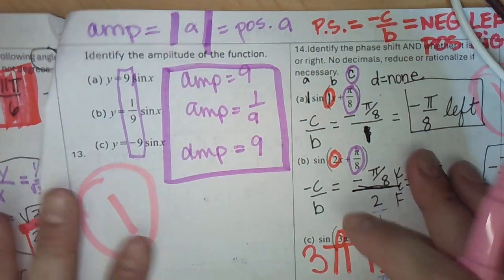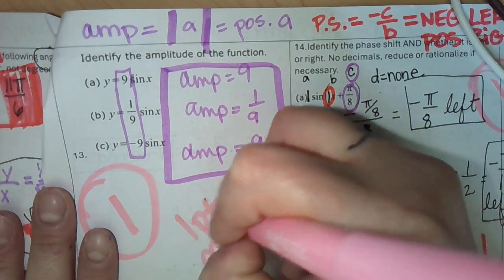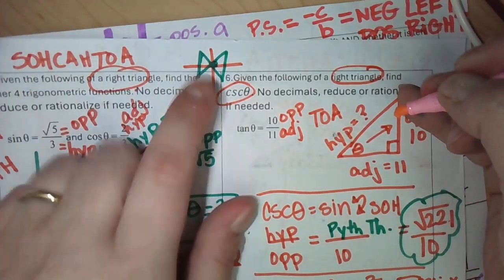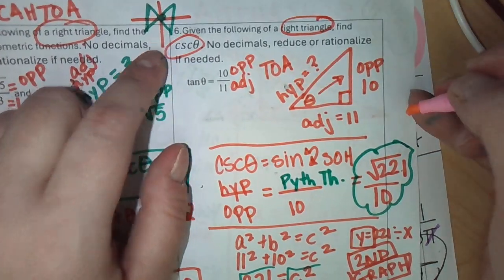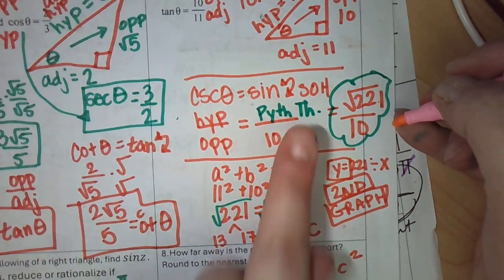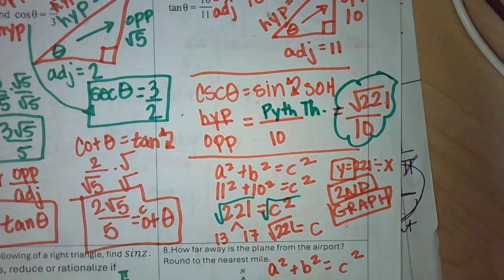So these amplitudes might be like 1 point each. Super lame. But then, let's say number 6 that has triangles, SOHCAHTOA, reciprocals, Pythagorean theorem, that calculator, yeah, that's going to be worth more points. Okay. I think you get the drift.